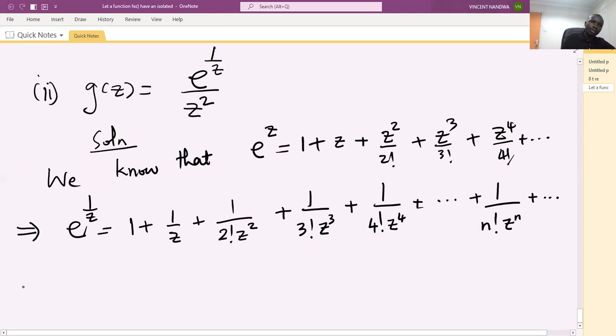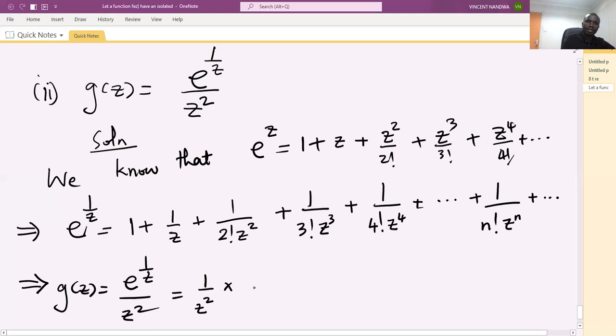So this tells us that g of z, which is given by e raised to power 1 over z over z squared, can be written as 1 over z squared times e raised to power 1 over z.